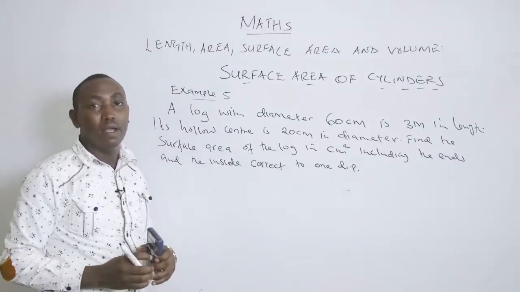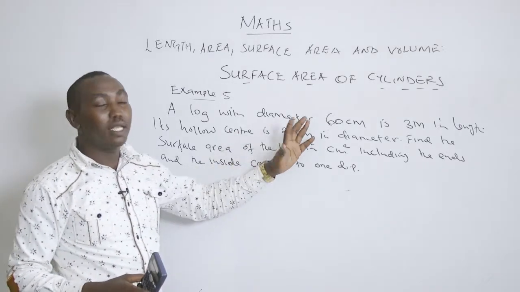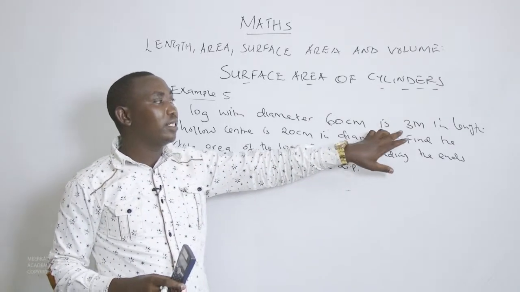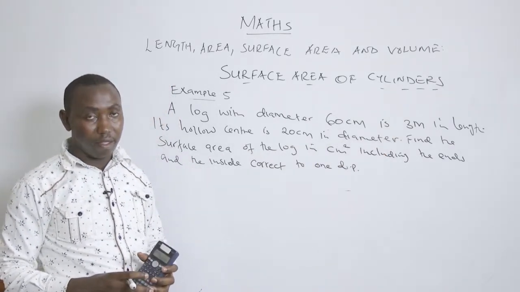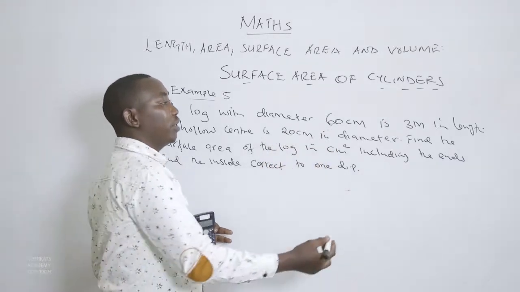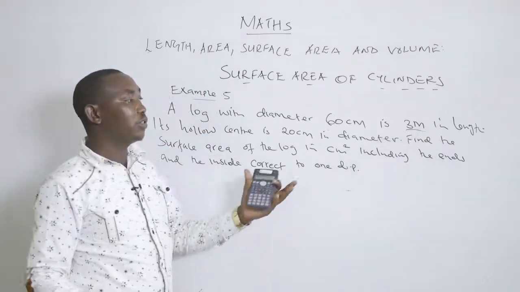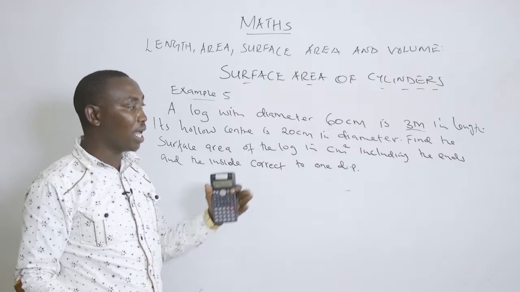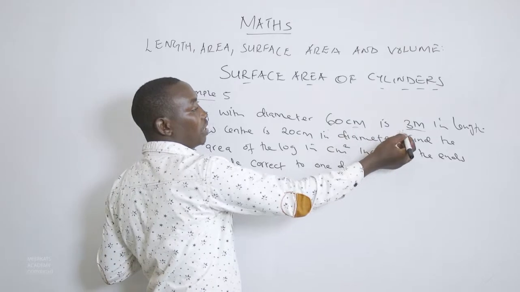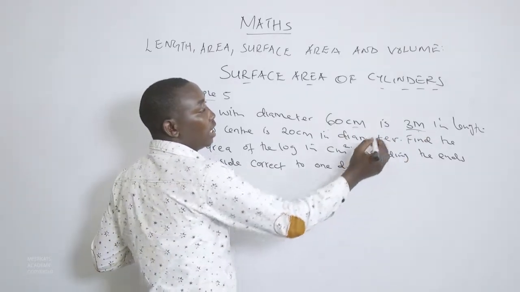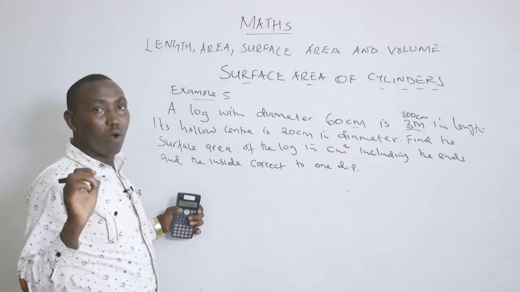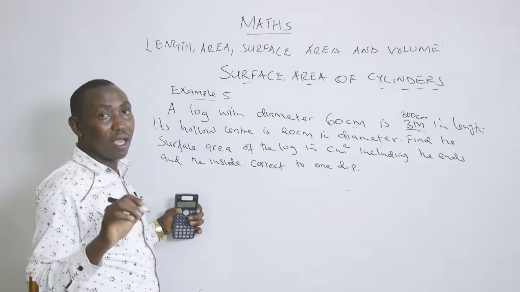Now we have a log which I've been told has a diameter of 60 centimeters and is 3 meters in length. For the purposes of avoiding misconception and confusion, it is important that we first convert these 3 meters so that we have uniform units across the question. 3 meters converted into centimeters will give us 300 centimeters, since 1 meter is equivalent to 100 centimeters.